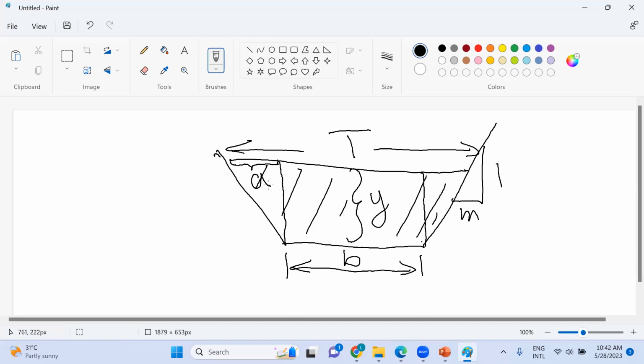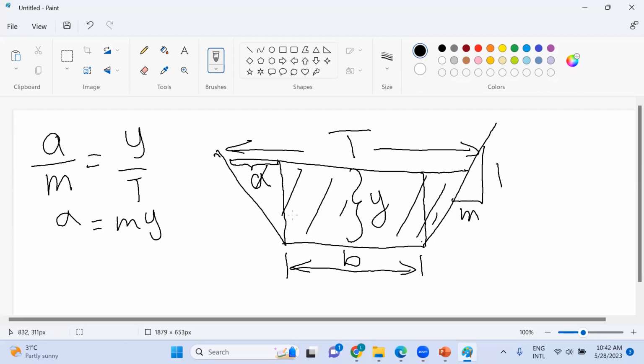Then can you write a in terms of m and y? I'm sure you can, right? So I will quickly show you. This is a divided by m should be equal to y divided by 1, right? So a is equal to my.